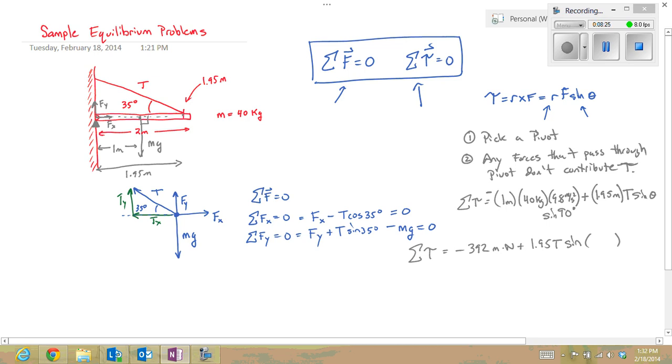And now we need to figure out what that angle is. Well, R points along the length of my rod, and so T points this way, so I have that angle all the way around there. Well, that's going to be an angle of 180 degrees minus 35, or 145 degrees.